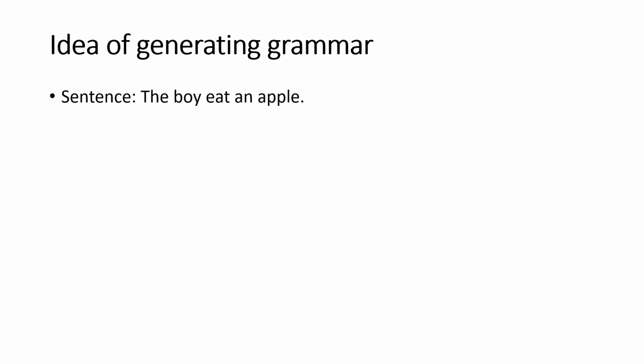Let's make it a little clearer: if I start from this entity sentence as a whole, I can say that the boy eat an apple is a sentence. Now how can I break this sentence into several smaller components, actually the smallest level of components? By the nature of the English language, I can divide the sentence into two parts.